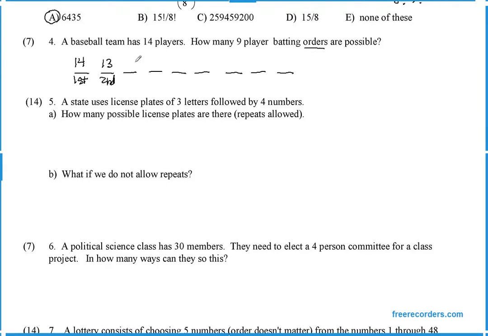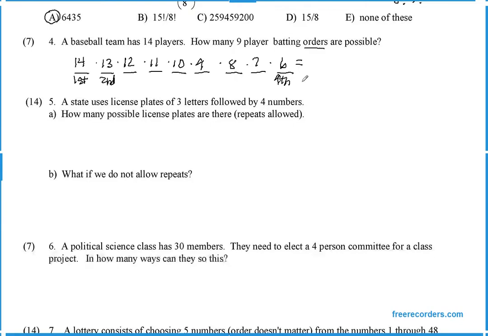And then those 2 players can't be used again, not in this batting order. And so we get 2 less than 14, which is 12 choices left, and then 11, and so on, 10, 9, 8, 7, and 6. And then we multiply the choices at each step, and this is the 9th person in the batting order.